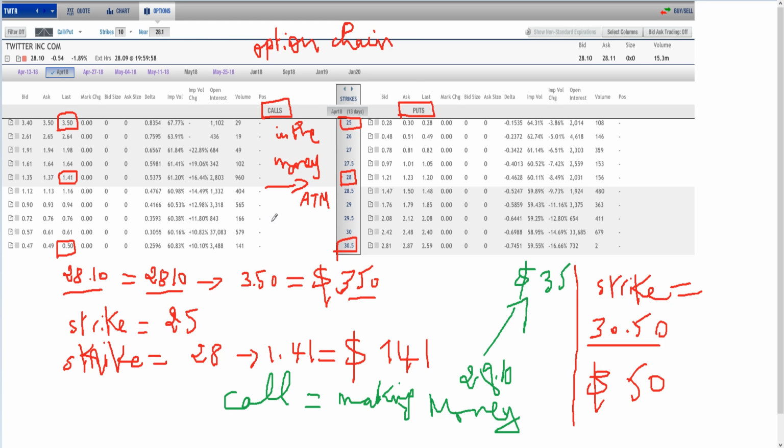Now, if you are buying something that the strike is above the price of Twitter, which is $28.10, and the price is $30.50. Now here you say out of the money. What does it mean? It means you are only buying this $50.